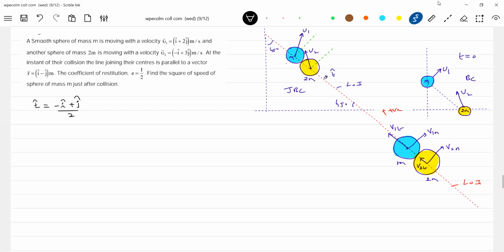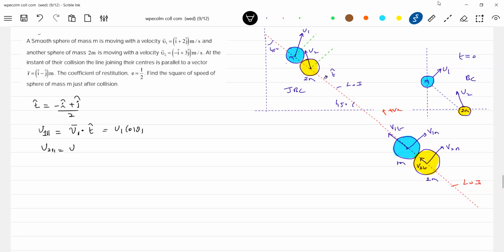Okay, first we'll calculate the component of velocity, this one. So u1 parallel should be equal to u1 bar dot t cap. So this should be equal to u1 cos theta 1. So rather than finding out theta 1, take the dot product. That will be better.